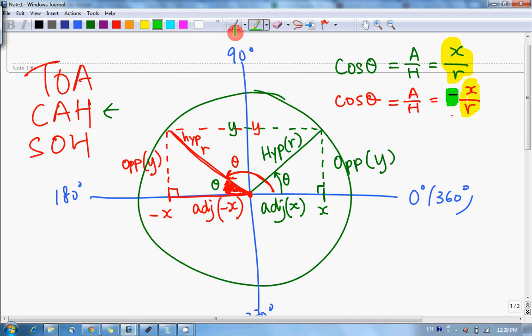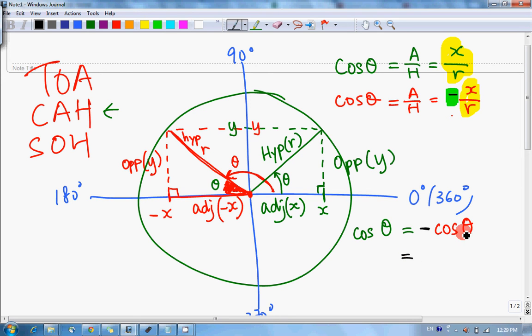So what is the link between the green and the red cosine theta? They are opposite to each other, so how do I make them equal? Simply add a negative. If I add another negative over here, it will become positive X over R.